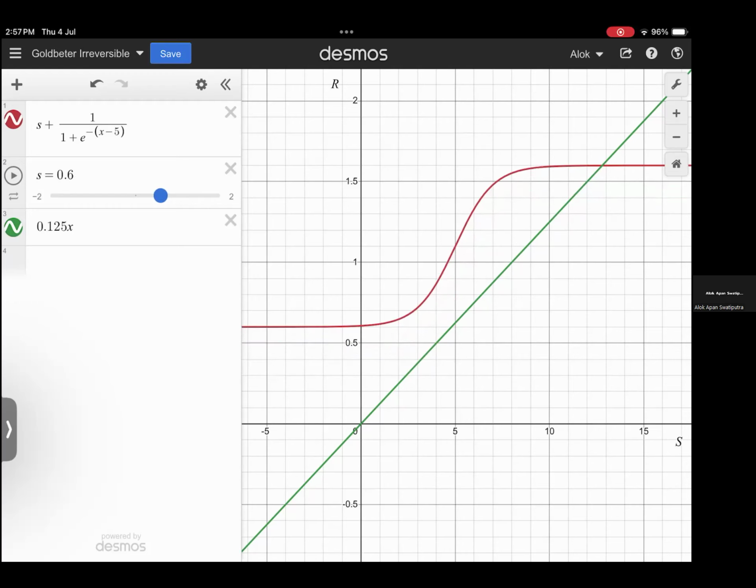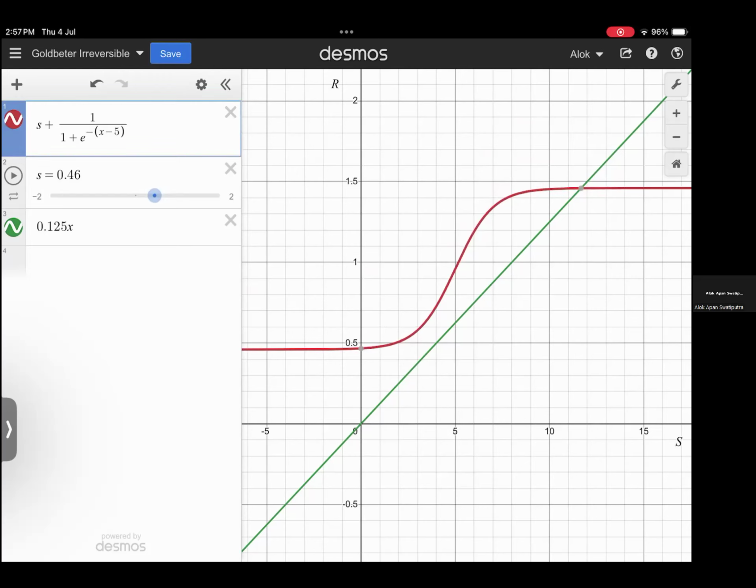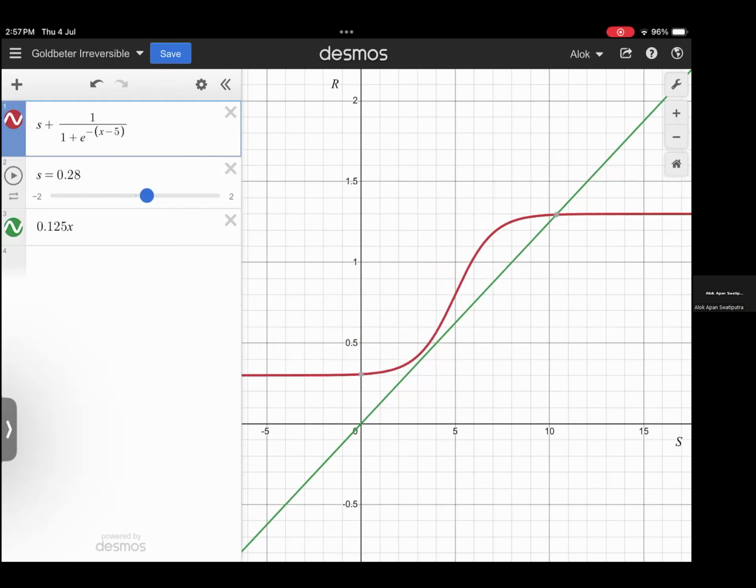But you see, the higher steady state, which is this extreme right-hand one, is always present for positive values of S. No matter where I put S, here the first and second states don't exist, but the third exists. The third always exists for positive values of S.